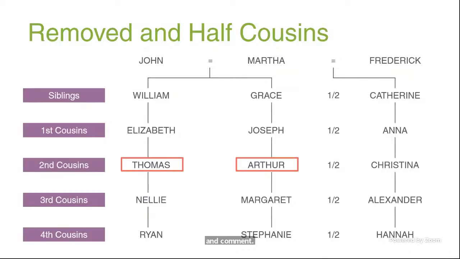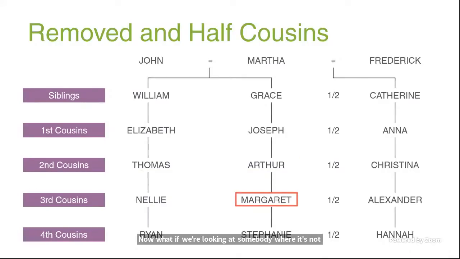Now, what if we're looking at somebody where it's not a full relationship? We're looking at somebody that's a half relationship. Let's take a look at Margaret and Alexander. They're in the same generational level from Martha, but they only share one ancestor in common, because they both have Martha in their ancestries, but Margaret has John and Alexander has Frederick. They have different spouses of Martha.